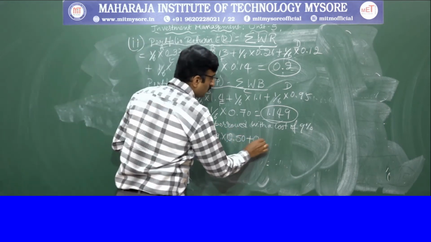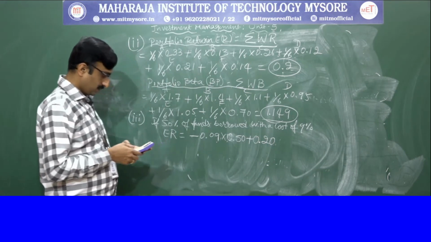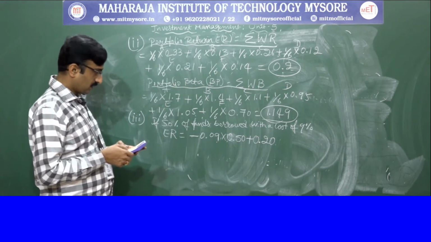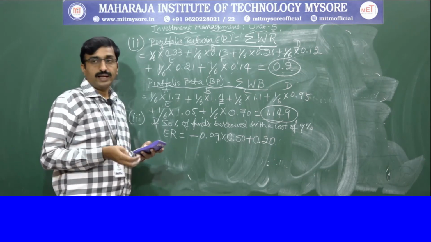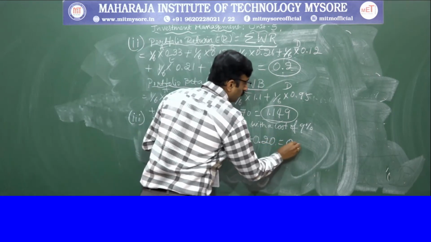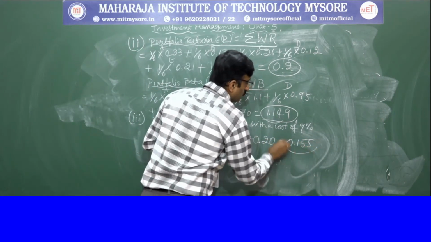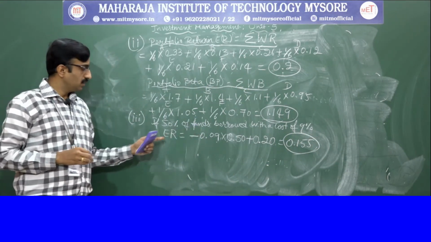So minus 0.09 by 0.50 plus 0.20, you will get 0.155.